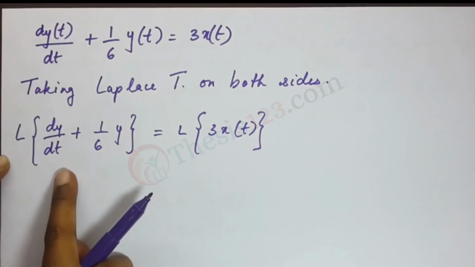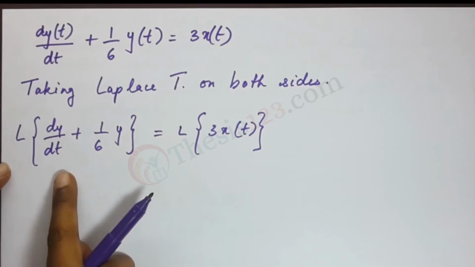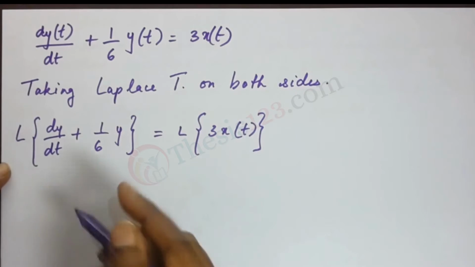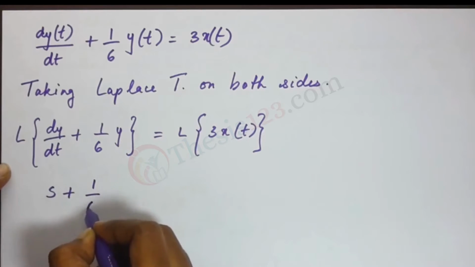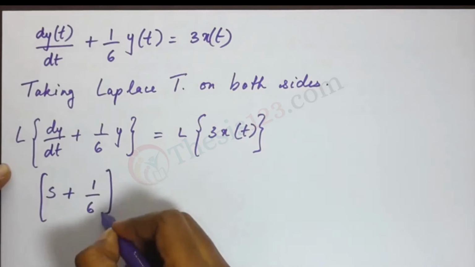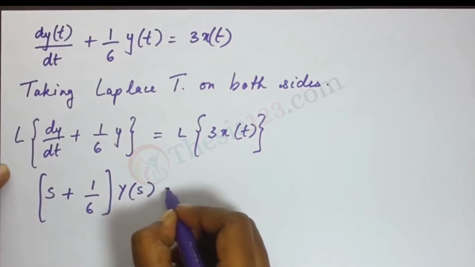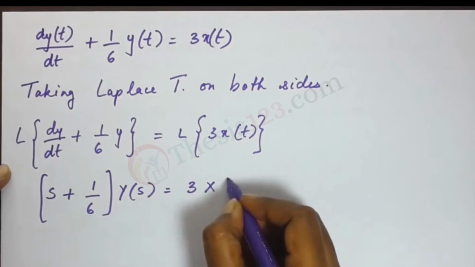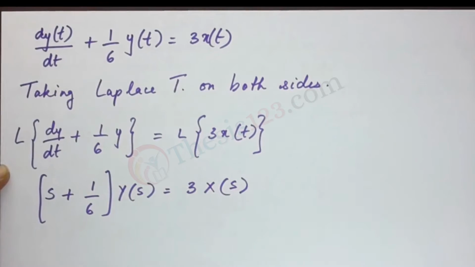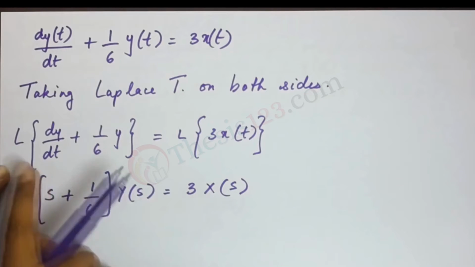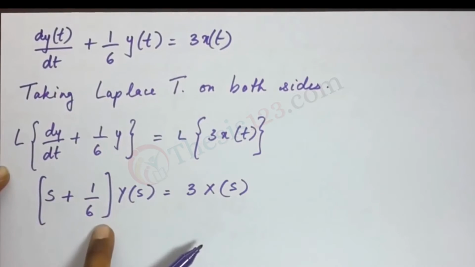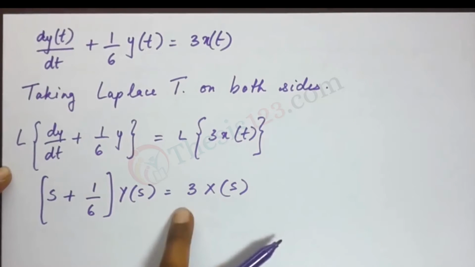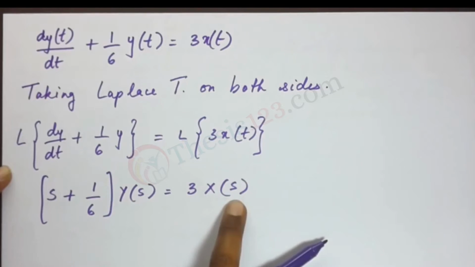When we apply the Laplace transforms here, we can write this as (s plus 1/6) times Y of s is equal to 3X of s. Alright, so the Laplace transform of dy/dt plus 1/6 y is (s plus 1/6) of Y of s, equal to 3X of s.